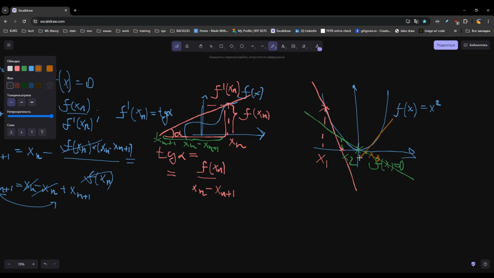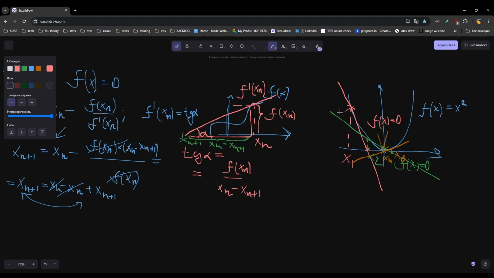We plot another line which passes through x of 3, and we obtain the next point, x of 4, and by doing these operations long enough, we could iteratively find this center point in which the value of the function is equal to 0, and hence we are actually able to find the minimum of x squared.